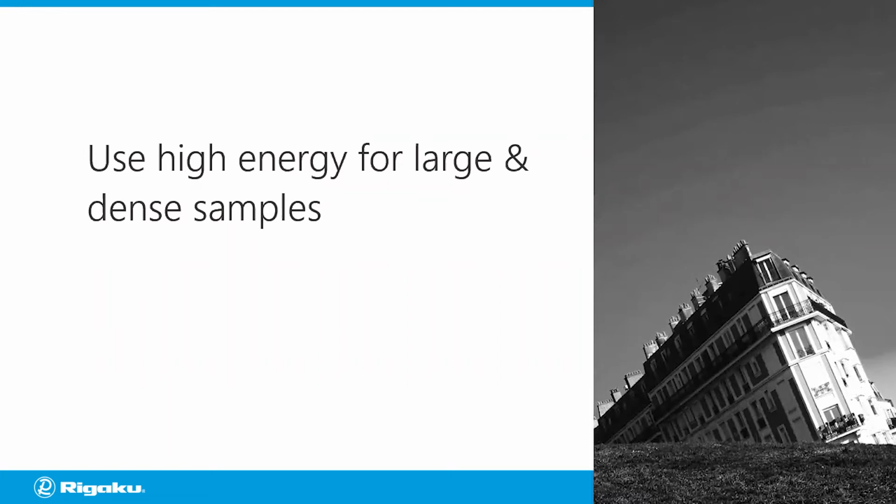And the denser the material is, and also the larger the sample is, the higher energy X-rays you need, because the energy of the X-rays needs to be high enough to get through the object to do a good imaging. Otherwise, you would get, again, beam hardening artifacts, which can skew the measurements.